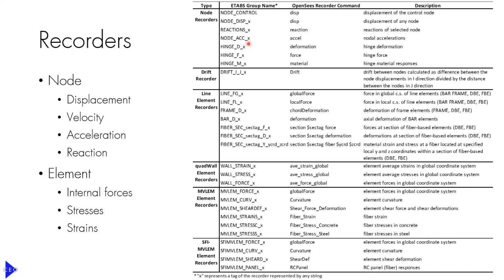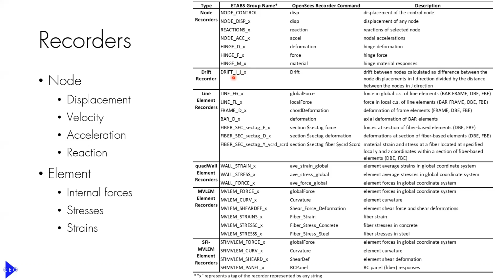So that can be anything, but it has to start with this string over here. And then that will create a displacement recorder for any node. Similarly, for any other node recorder, for hinges, for example, if you want to record the deformation of a plastic hinge, you would have hinge deformation, hinge force, or material response of the particular hinge.